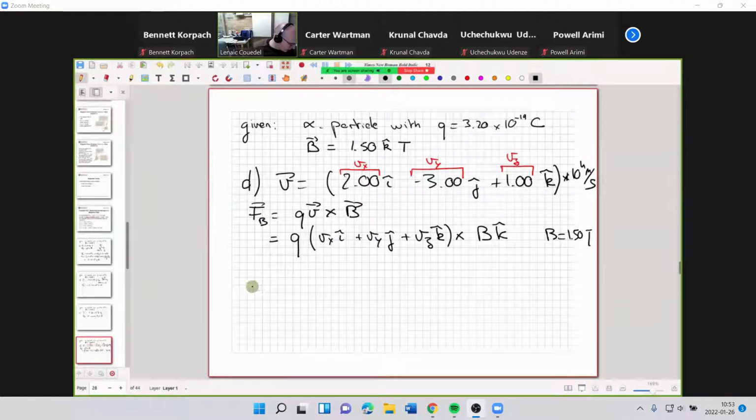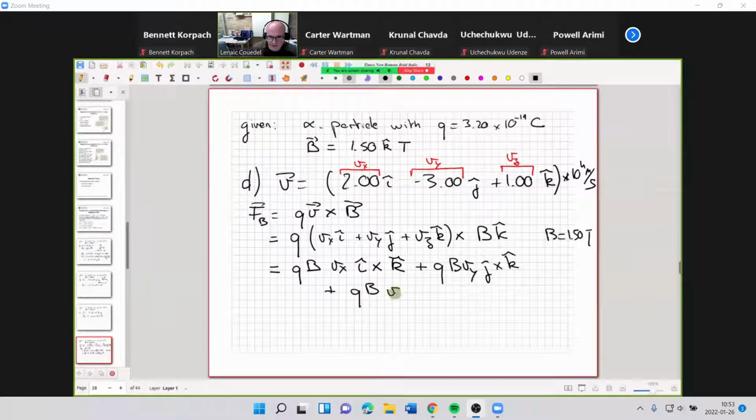So now I have to do every cross product individually. So I will end up with QB, so I'm just taking the B out, Vx I hat cross K hat, plus QB Vy J hat cross K hat, plus QB Vz K hat cross K hat.